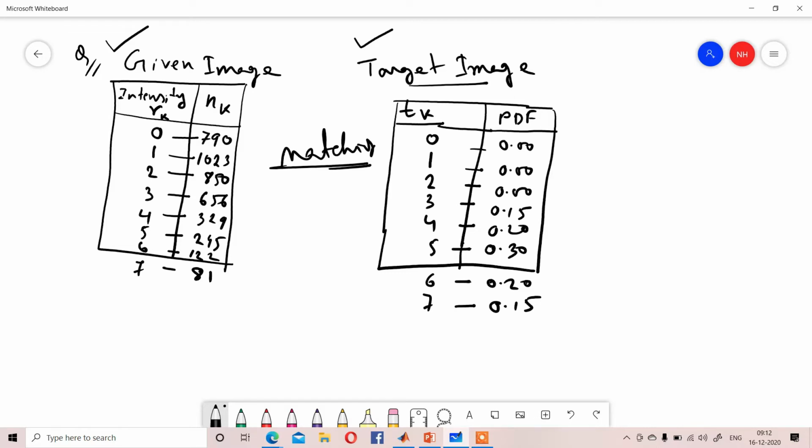So to match the image, for both cases, for the given image and for the target image, you have to calculate the equalized histogram intensity level as I calculated in the last class. In that way you have to calculate the equalized intensity level for both images. How?